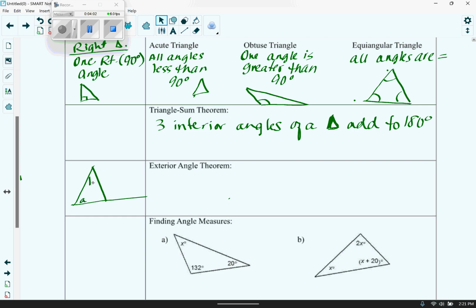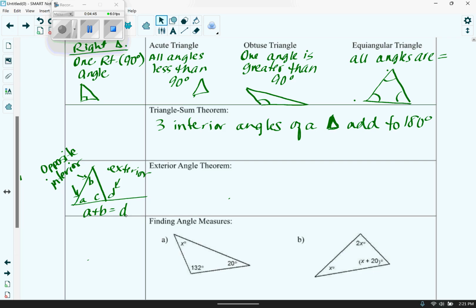If this is A, this is B, and this is C, and this is D, I'm going to say that A and B here, these are our interior angles, but they're the opposite interior angles of my exterior angle. And we can say that these two added together, so A plus B is equal to D, because C and D add up to 180, and ABC adds up to 180. So if I take out C, A plus B equals D.